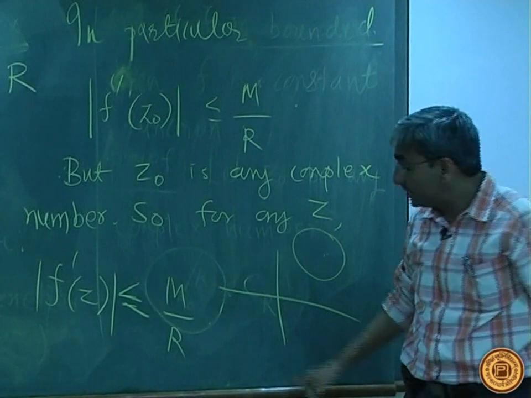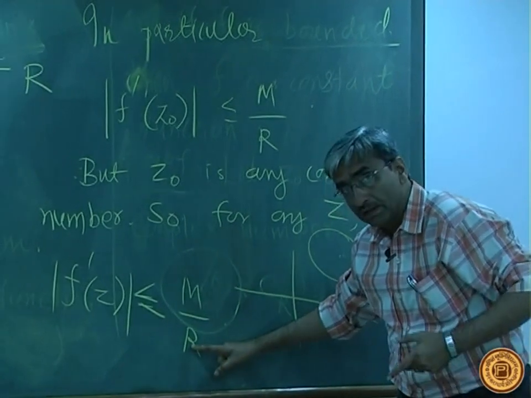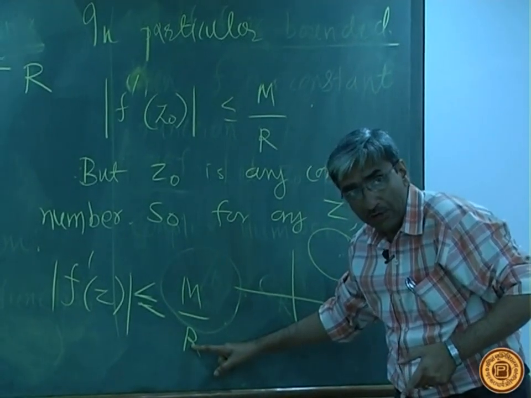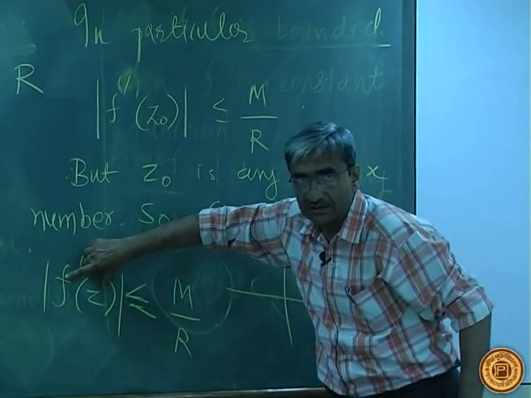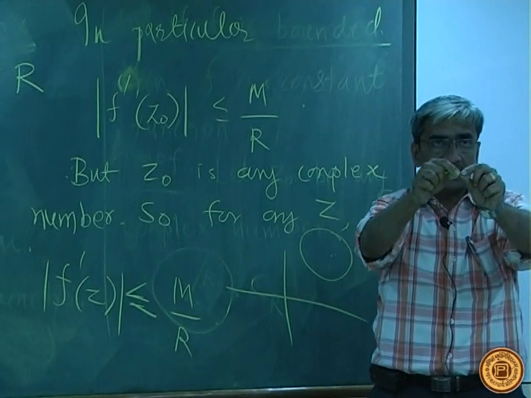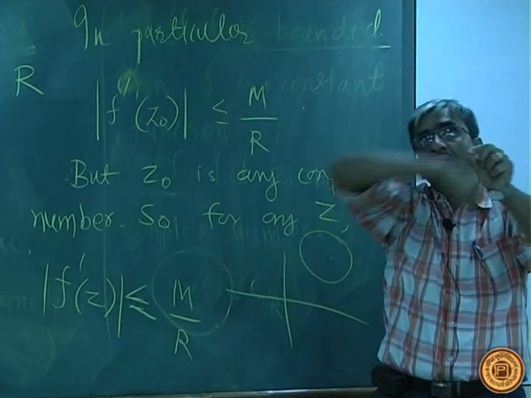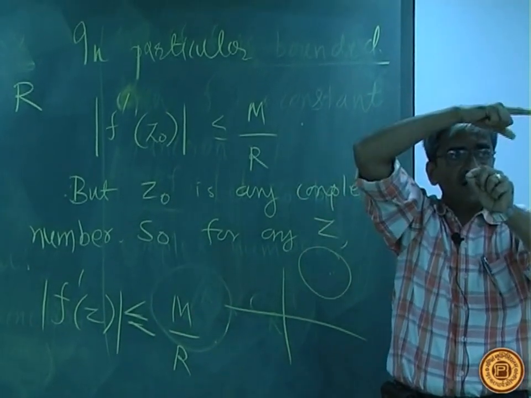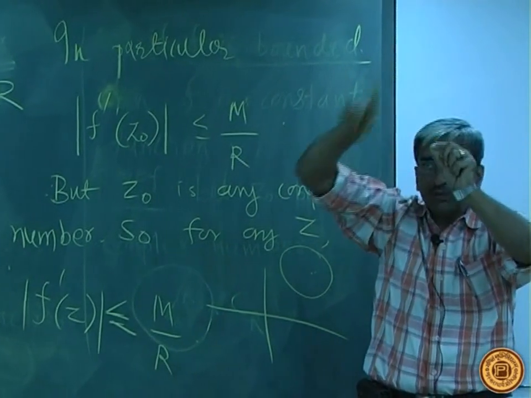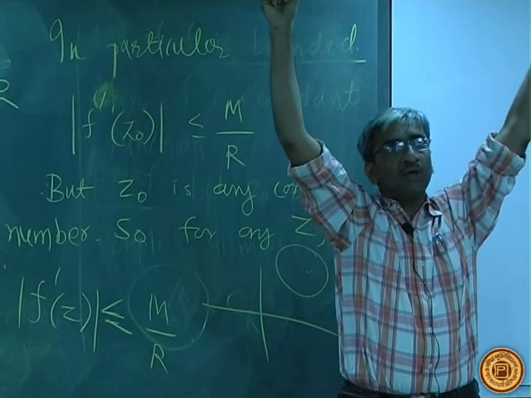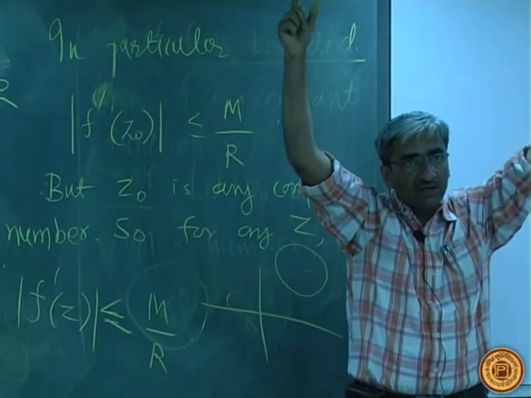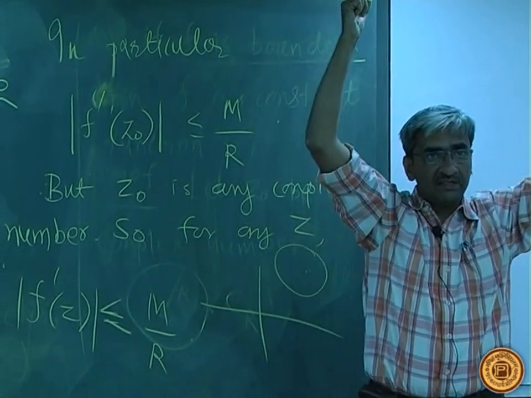So we can take the limit of this as r goes to infinity, whereas this will not change. This is the point z and you are considering circles around that point and checking whether you can apply the Cauchy integral formula. You can take large r and still apply it. How large? Infinitely large, because it is an entire function.